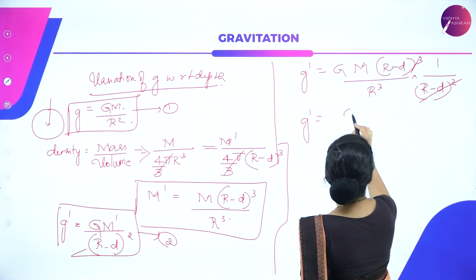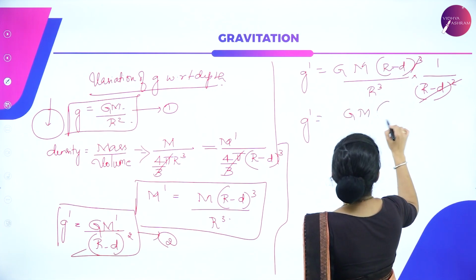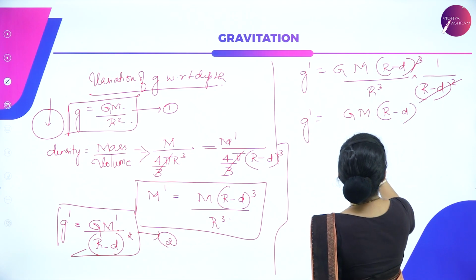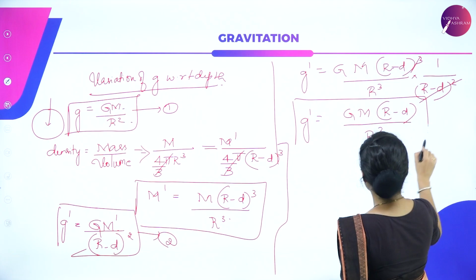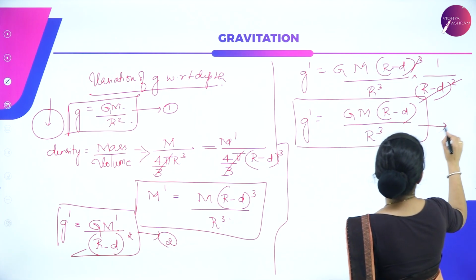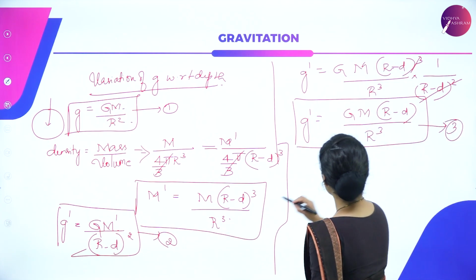G dash is equal to GM (r minus d) divided by r cube. So we have this set of equations. Now let us check: this is equation 3, this is equation 2.